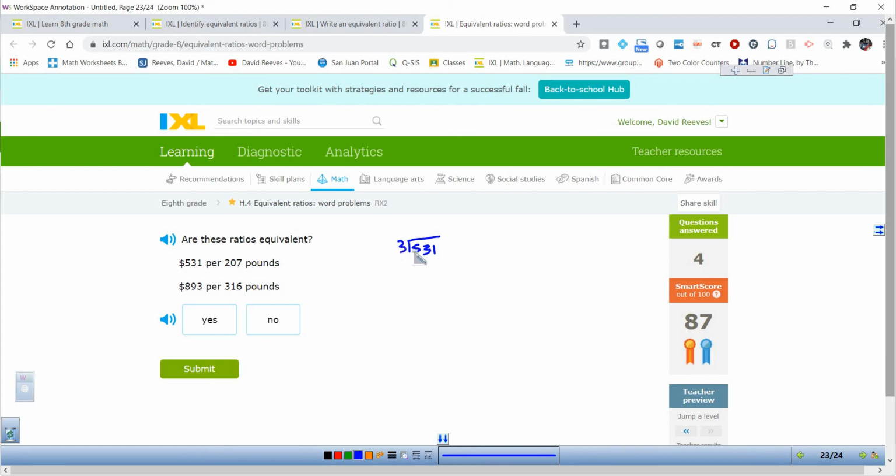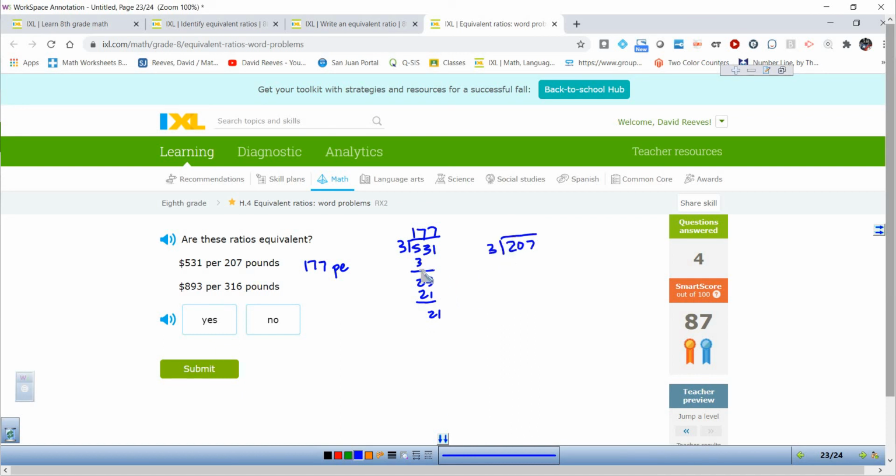Well, let's take a look here. 3 goes into 5 one time. Bring down the 3. 3 goes into 23 7 times. And 3 goes into 21 7 times. So that simplifies to 177 per. Now I'm going to divide 207 by 3.